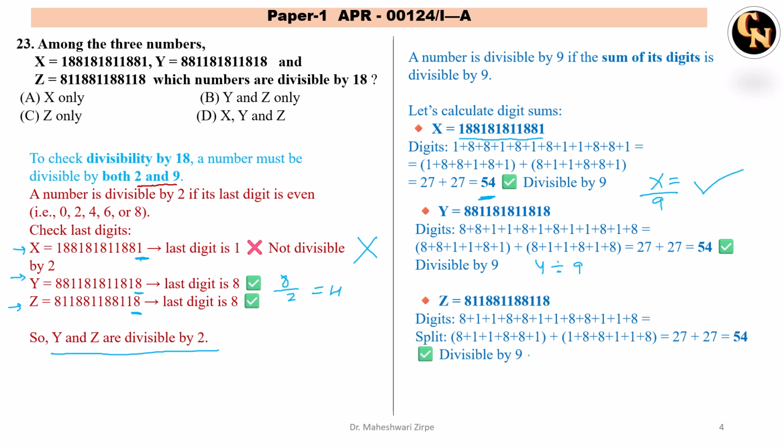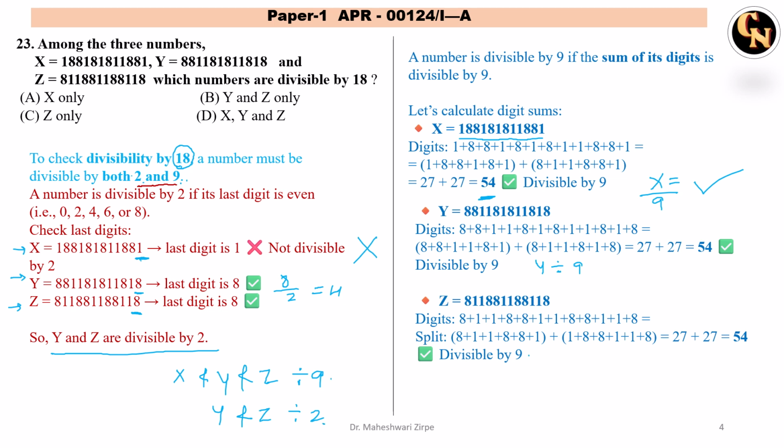So that means all three numbers x, y and z are divisible by 9, but only y and z are divisible by 2. And what we said in the beginning is that if we want a number divisible by 18, it should be divisible by both 2 and 9.